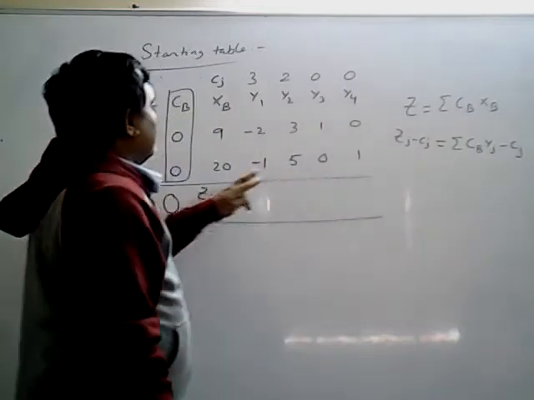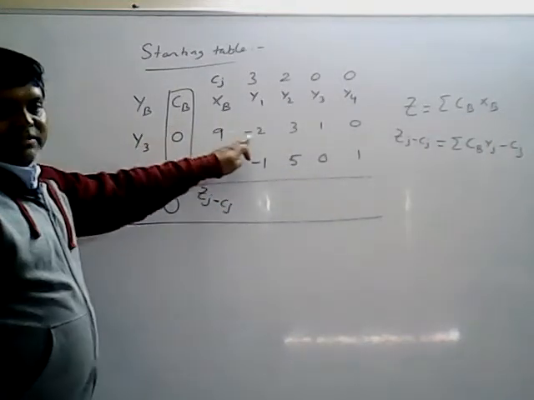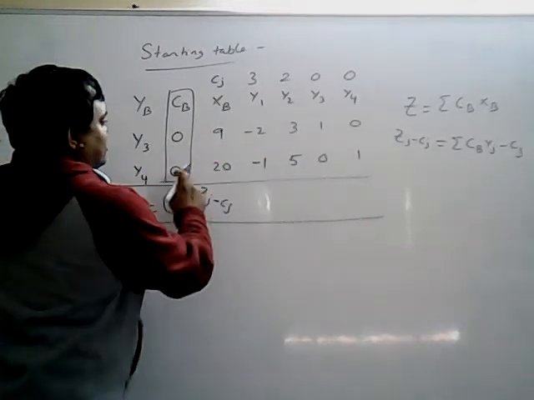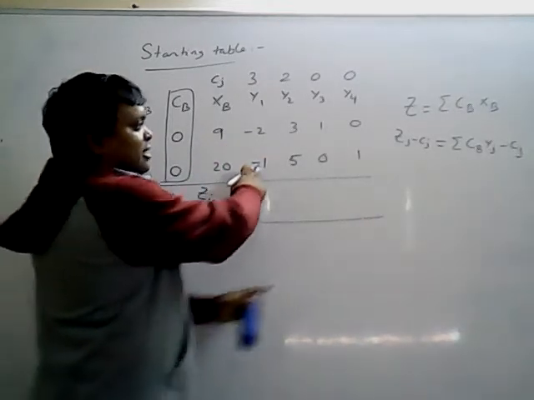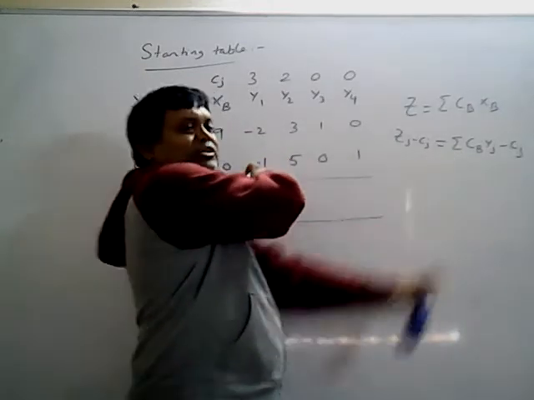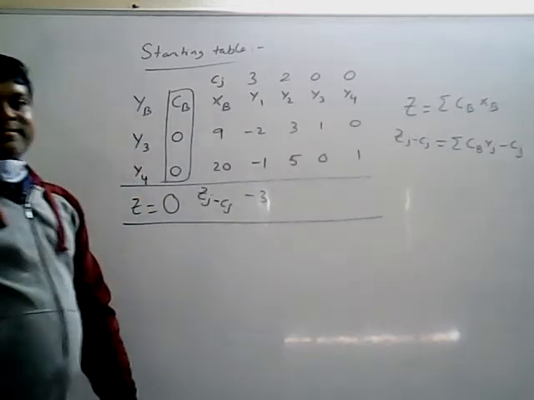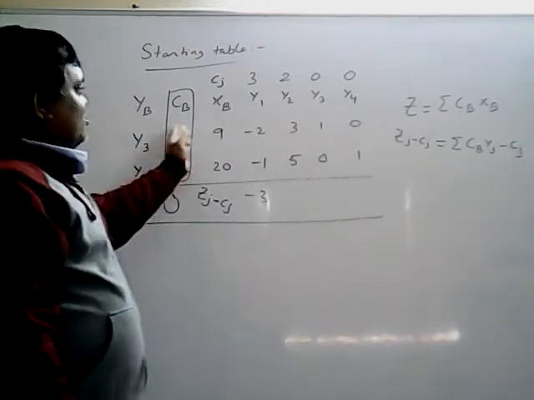So I will consider Cb into Y1. 0 into minus 2 is 0, 0 into minus 1 is 0. Take the summation. What is the value here? 0. 0 minus 3 is minus 3. Now Cb into Y1 is completed.